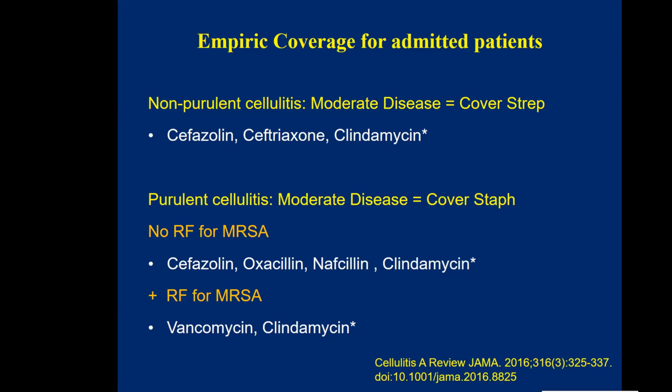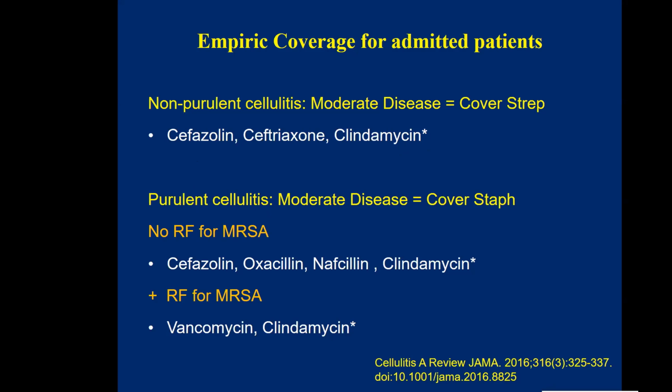So for non-purulent cellulitis, patients that are admitted to the hospital, so it's moderate disease, you should cover with 1 antibiotic, cefazolin, ceftriaxone, or Clinda. The star is here for penicillin allergy. Only if you have a really bad penicillin allergy, you should be using Clinda. And for purulent, then you're thinking, okay, this is staph, and then you divide it further.